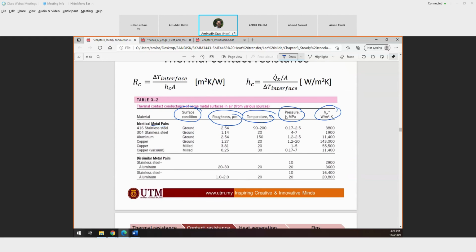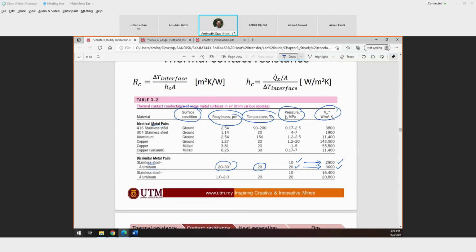For example, if you are using stainless steel and aluminum, where the surface roughness is within this range, the joining temperature is 20 degrees Celsius and the pressure to join the metal is either 10 or 20, then the corresponding H value will be one of these two.